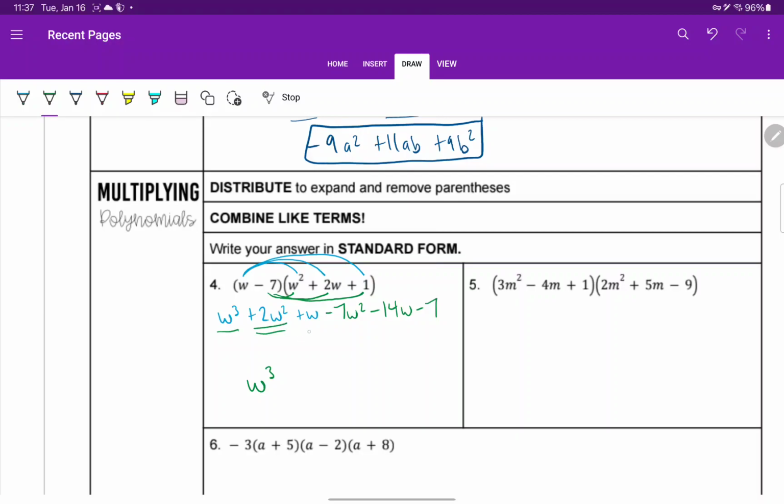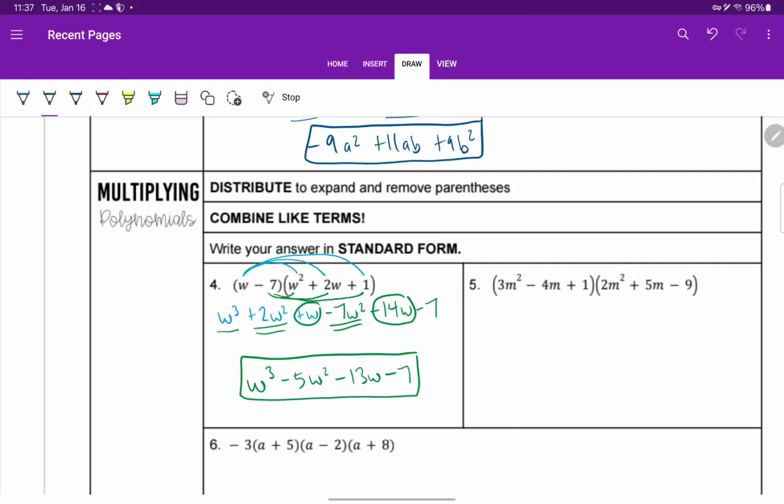And we have 2W squared minus 7W squared, which is negative 5W squared. Then we have a W minus a 14W, and that's going to give us negative 13W. And then last, we have a minus 7 by itself. And now our answer is written from highest degree to the lowest degree.